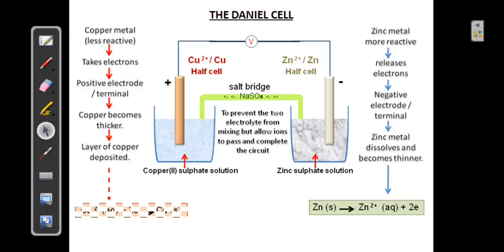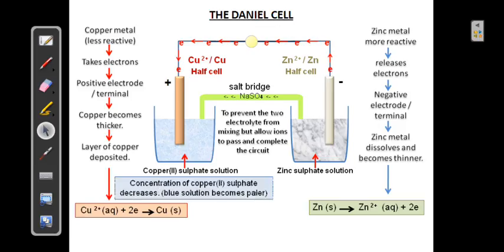So the copper 2 ions in aqueous, after receiving two electrons, will transform and become copper metal in solid. When the electrons start flowing, if you put a bulb, the bulb will light up.